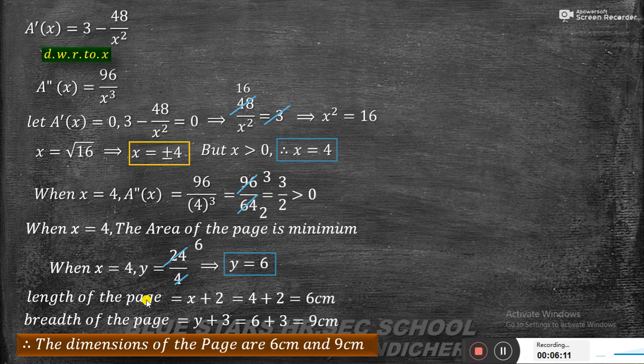The length of the page is x plus 2, so with x equal to 4, it is 4 plus 2, which is 6. The breadth, meaning the width of the page, is y plus 3, so 6 plus 3 is 9. Therefore the dimensions of the page are 6 centimeter length and 9 centimeter width.